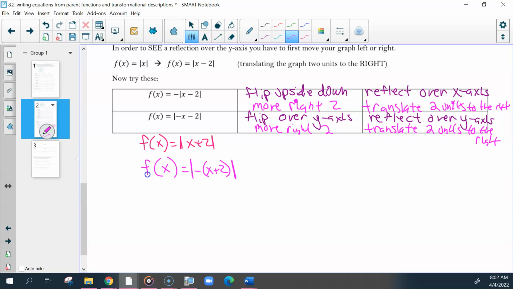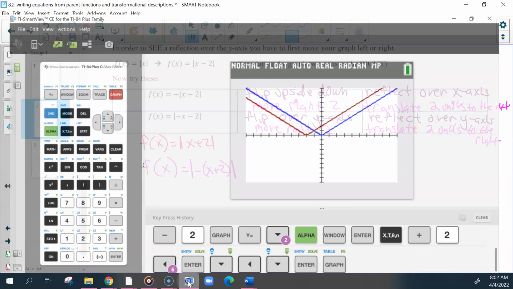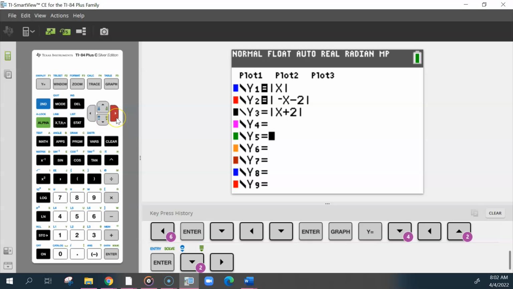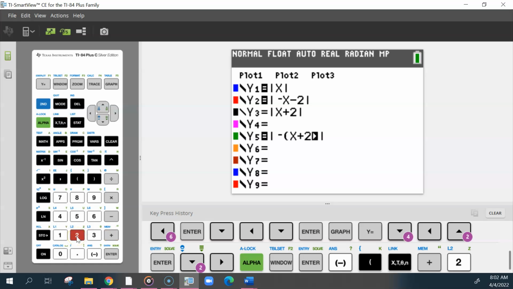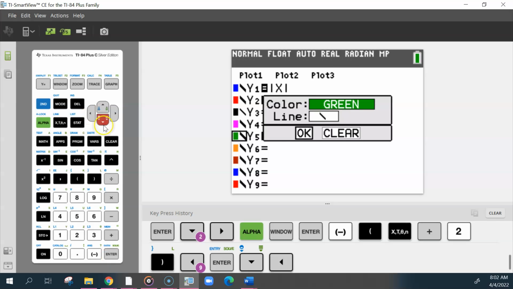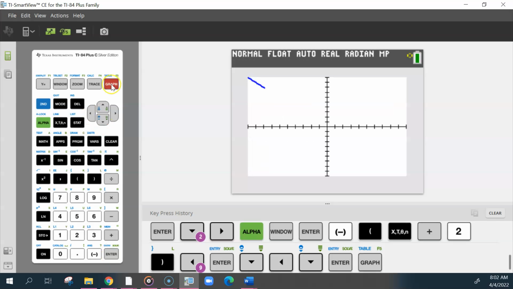And if I put this in and I graph it, that same thing happens.